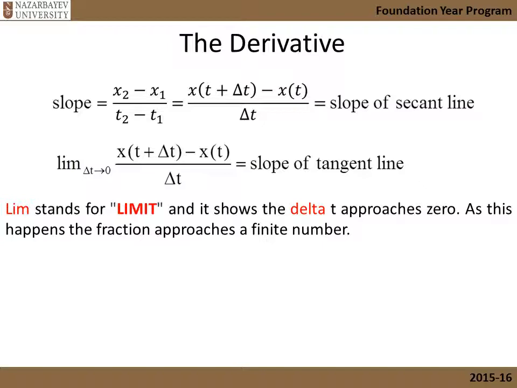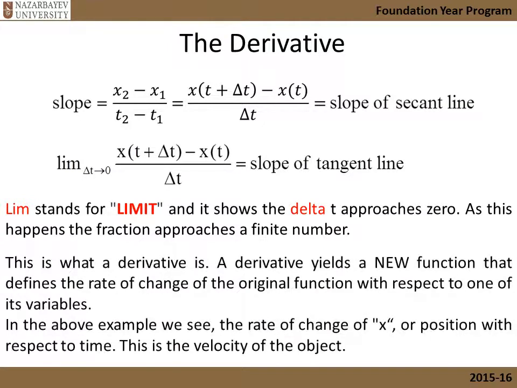As this happens, this fraction approaches a finite number, and this actually is the derivative itself. So our derivative yields a new function that defines the rate of change of the original function with respect to one of its variables. In our example, we see the rate of change of x, which is the position, with respect to time, and this is the velocity of our ant.